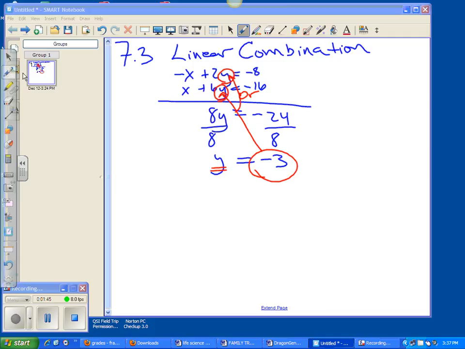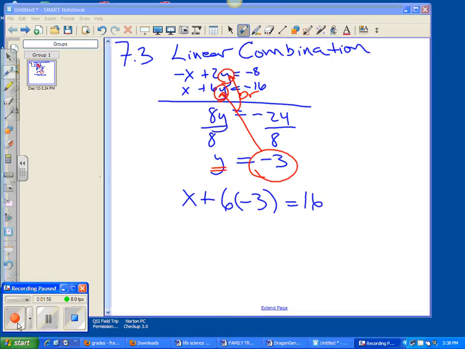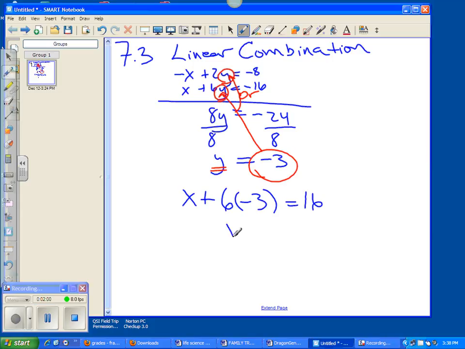So here's x plus 6 times a negative 3 is equal to a negative 16. So now I have 6 times a negative 3, which gives me x plus a negative 18 is equal to 16. This could also be written as x minus 18 is equal to 16.